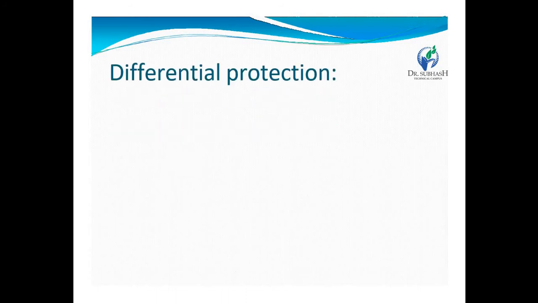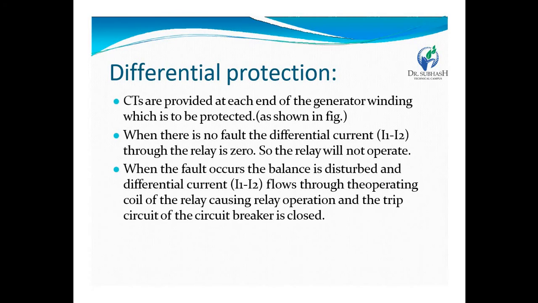Now discuss the first one, a unique type of protection called differential protection. A simple concept is there. A CT is provided at each end of the generator winding which is to be protected, as shown in the figure on the next slide. When there is no fault, the differential current I1 minus I2 through the relay is 0, so the relay will not operate.